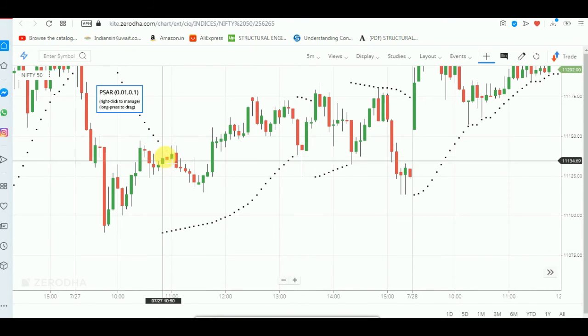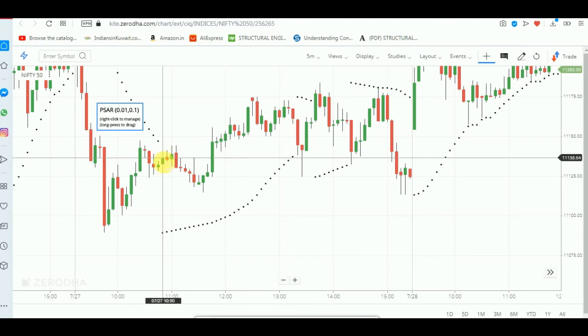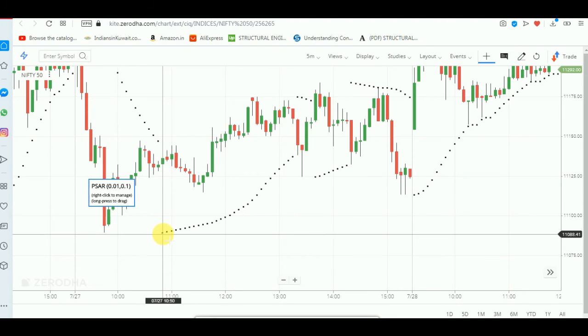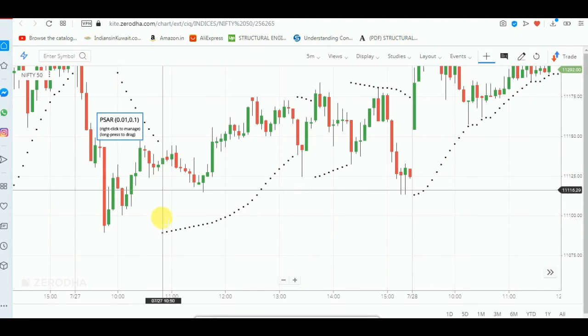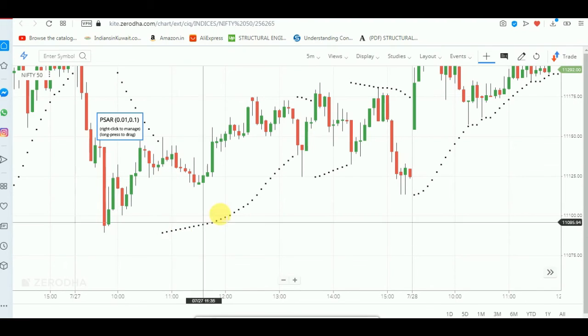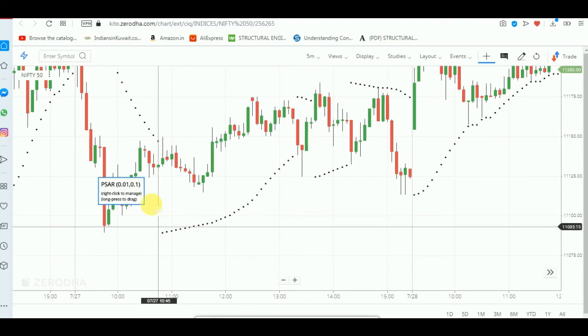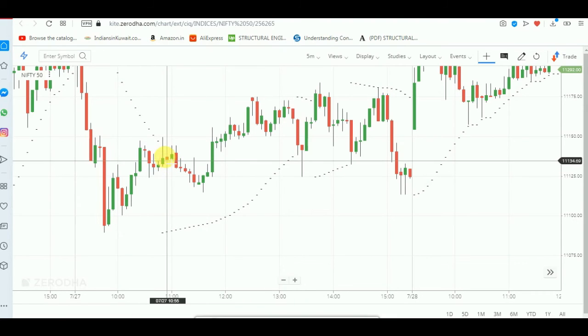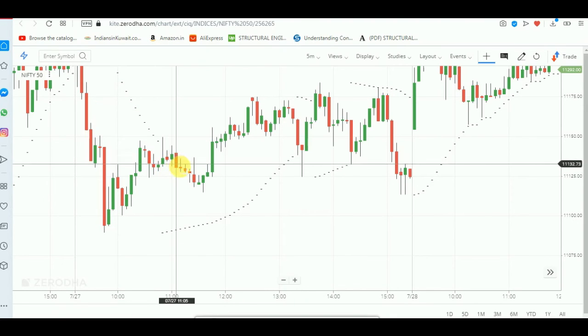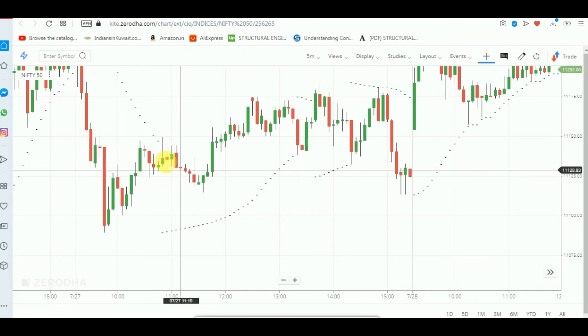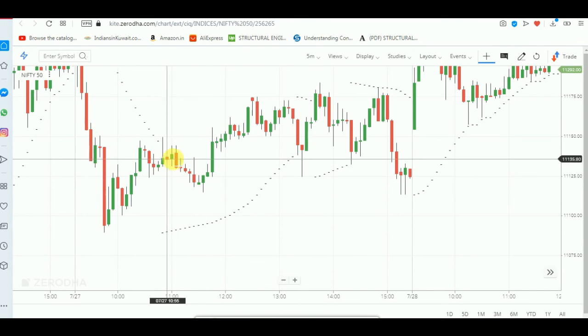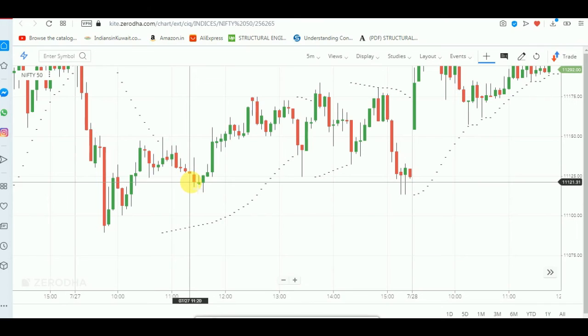This particular candlestick got a dot at the bottom of the candlestick, right? So from here it started moving, but after this particular candlestick it started falling a bit, not a huge fall, but slowly it fell.